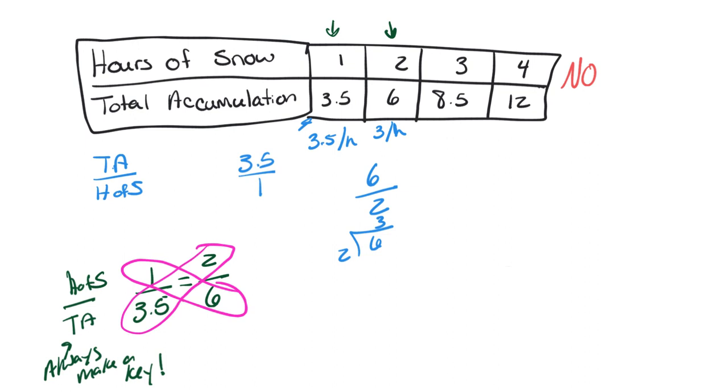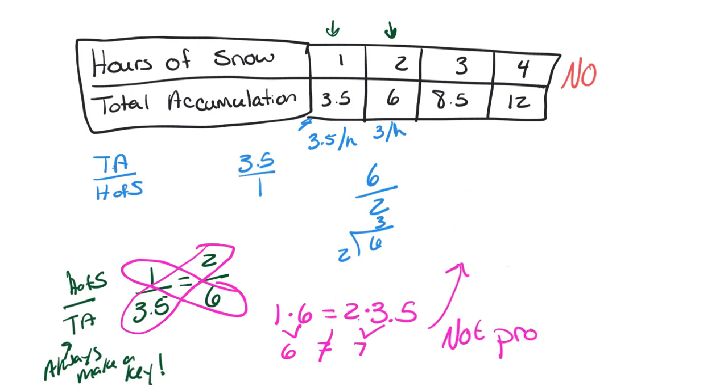I think I've heard that called a butterfly before, but what that means is 1 times 6 is equal to 2 times 3.5. 1 times 6 gives me 6, and 2 times 3.5 gives me 7. 6 is not equal to 7, so that information is not proportional.